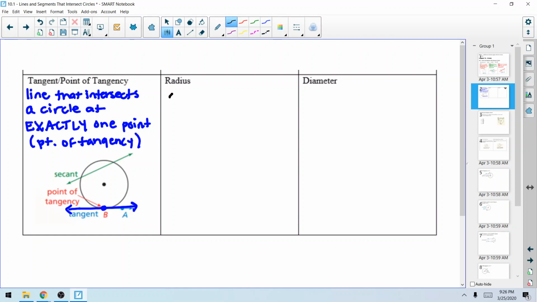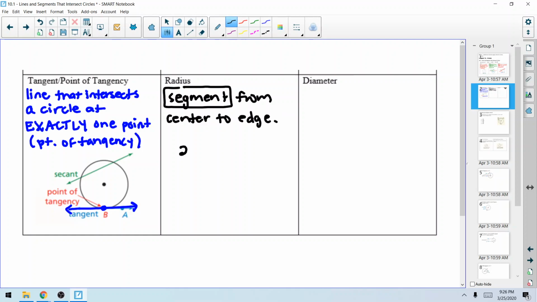Radius, segment, and again I'm going to put that in a box. It is a segment from center to edge. Okay, and then remember your radius is like halfway, which means 2 radii equals a diameter.